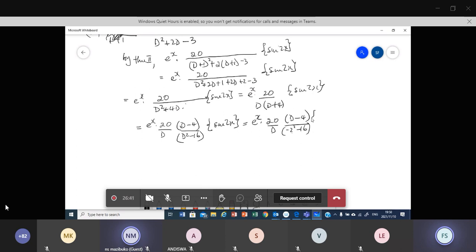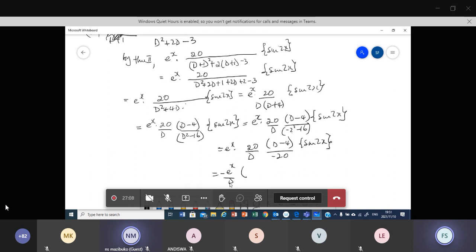Next, it's e to the power x, 20 over D into D minus 4. This becomes minus 4 minus 16, that's minus 20, acting on sine 2x. That becomes minus e to the x over D into the derivative of that.